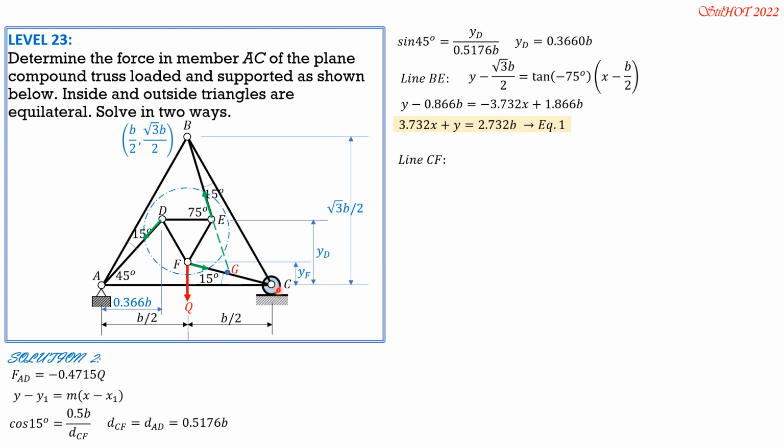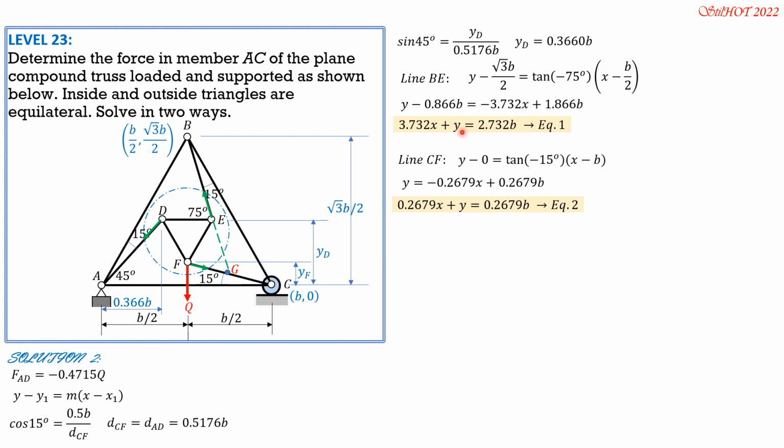So this coordinate C here is b comma 0, because A is the origin. So y minus 0 equals tangent of negative 15 degrees times quantity x minus b. Simplifying, y equals negative 0.2679x plus 0.2679b. Then 0.2679x plus y equals 0.2679b.